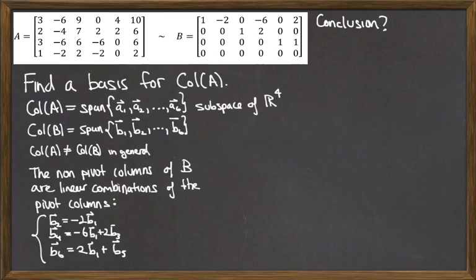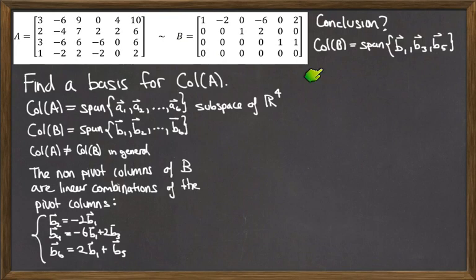So what conclusion can we draw from this? Well, if the non-pivot columns are linear combinations of the pivot ones, I only need the pivot columns, which are B1, B3, and B5. They will span all of the column space because I get the remaining columns and any linear combination involving them in terms of the pivot columns.